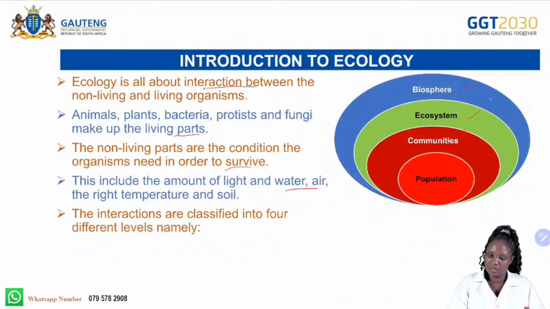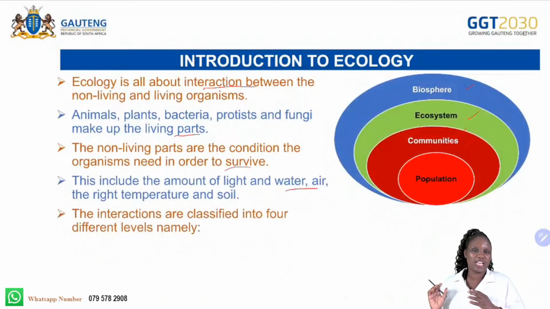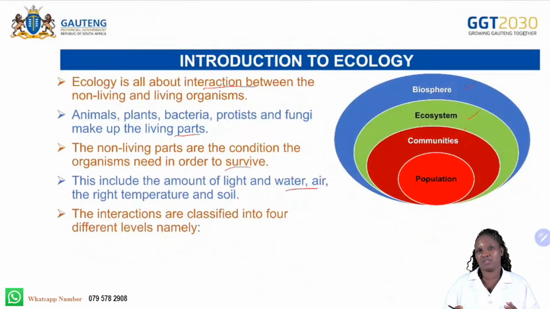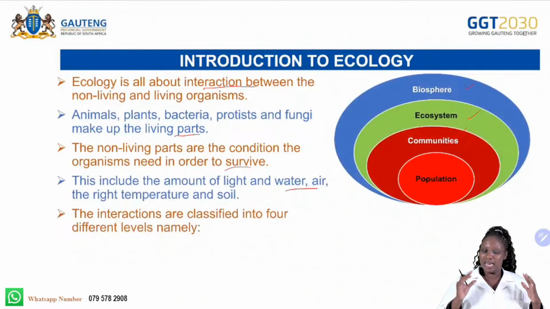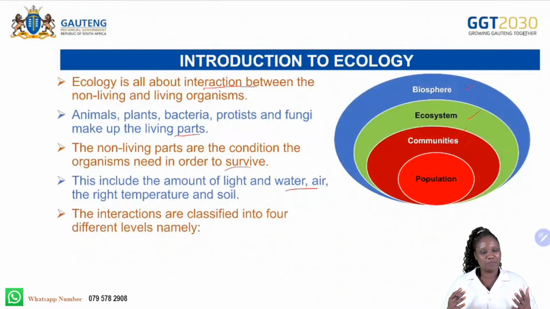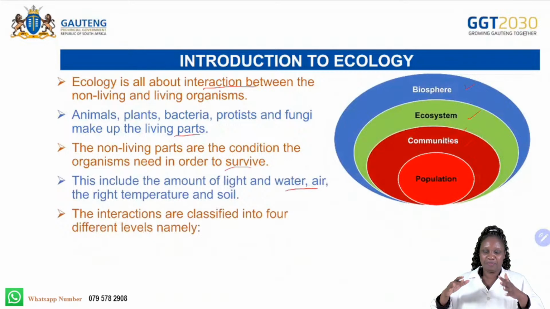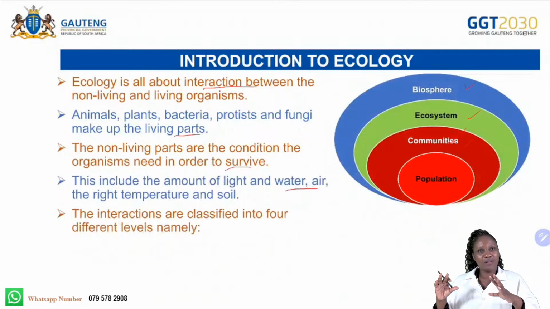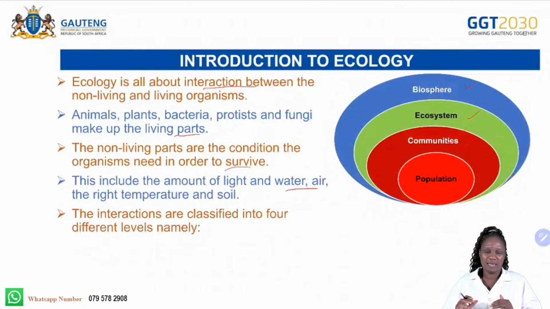Then communities. When we're talking about communities, these are different populations in the same ecosystem. Remember, we said population is one type of species living in an area. But when we're talking about communities, these are different populations living in an area. For example, you are going to find the giraffes, the zebras, the lions, the cheetahs in a certain area.